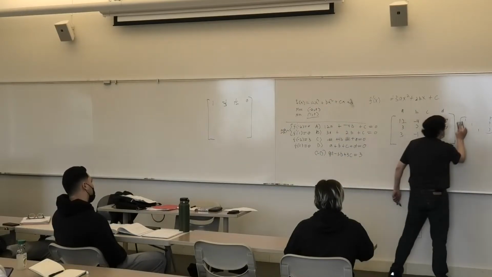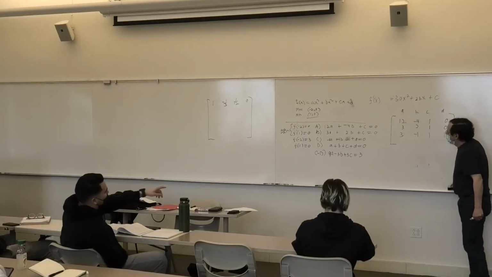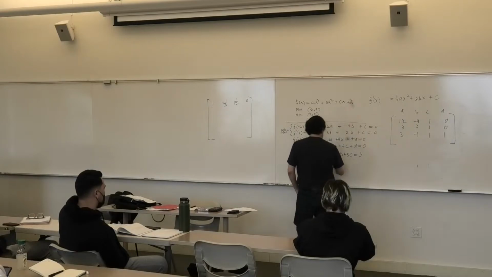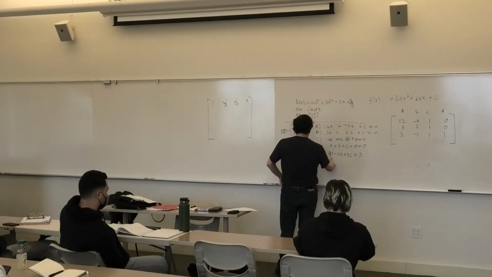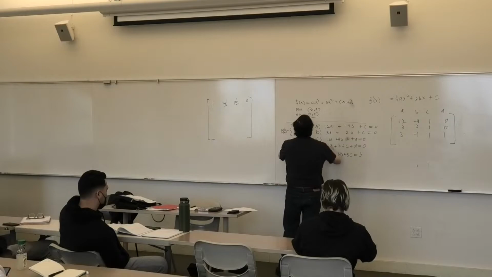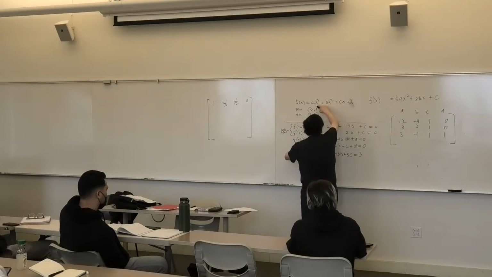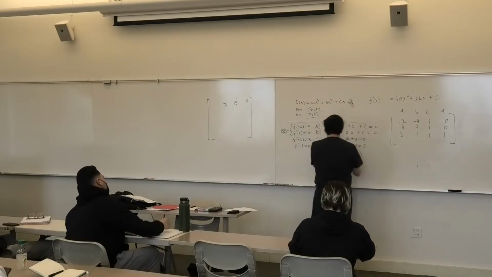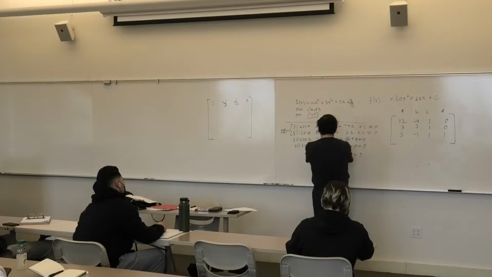Quick question, how are you getting 9A minus 3B plus 3? I plug 1 into this equation. Wait a minute. I think that's... Oh, that's C minus D. Okay, so D I get by plugging 1 in.